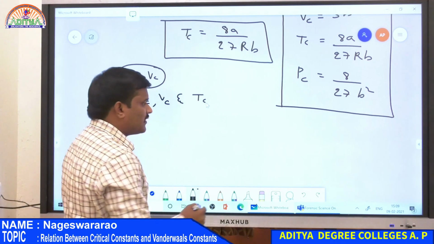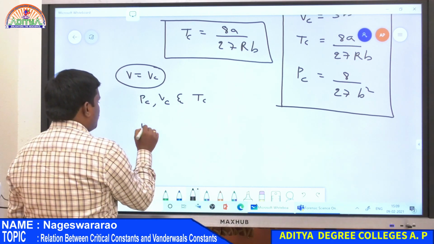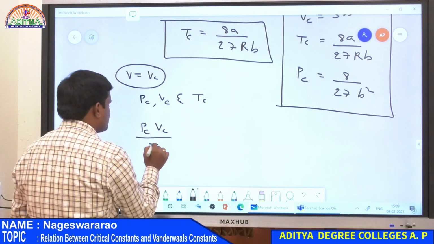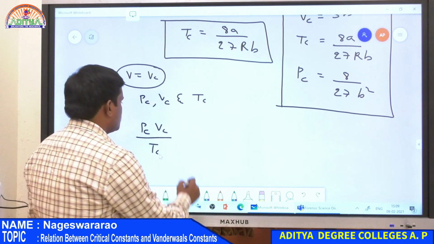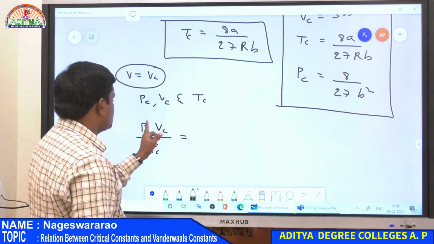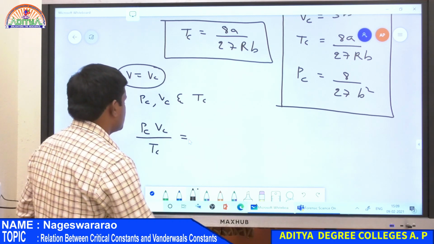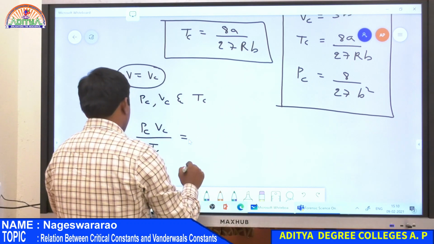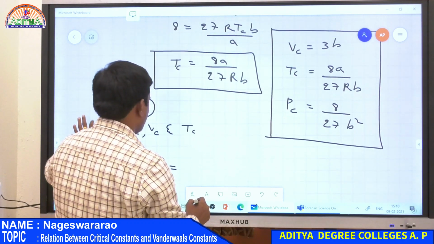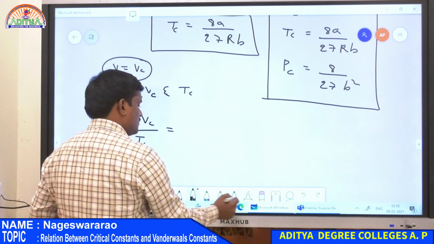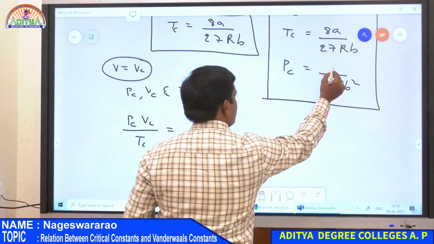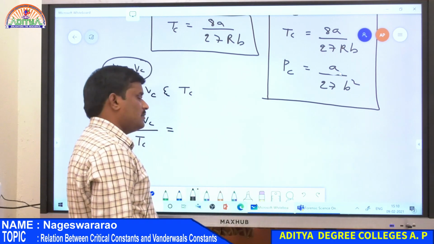So for this derivation, first of all multiply PC with VC divided by TC. So making this term, the product of PC VC divided by TC. So what is PC first of all? PC is A by 27 B square.